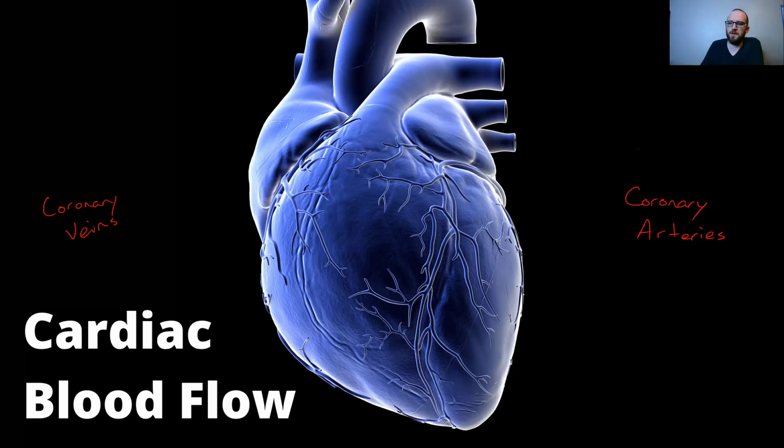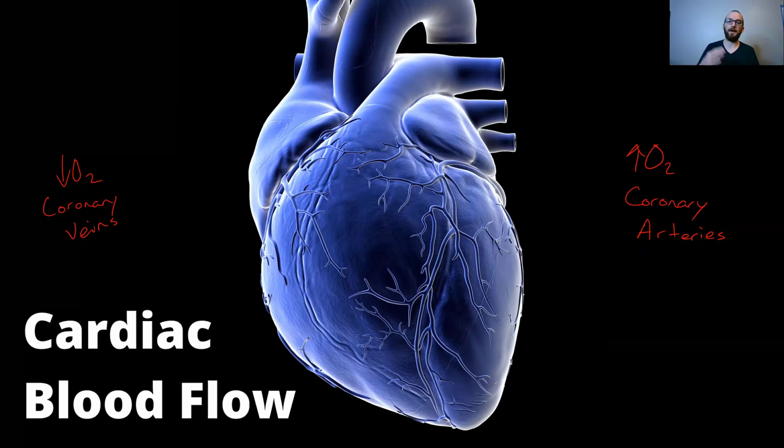So if the coronary arteries are carrying oxygenated blood and the coronary veins are carrying deoxygenated blood, we can think about, based on the blood flow, where it was getting the oxygen and where it was coming back to. The oxygen getting into the bloodstream was happening in the pulmonary capillaries, and then the pulmonary capillaries go back to pulmonary veins, back to the left atrium, to the left ventricle, and out the aorta.